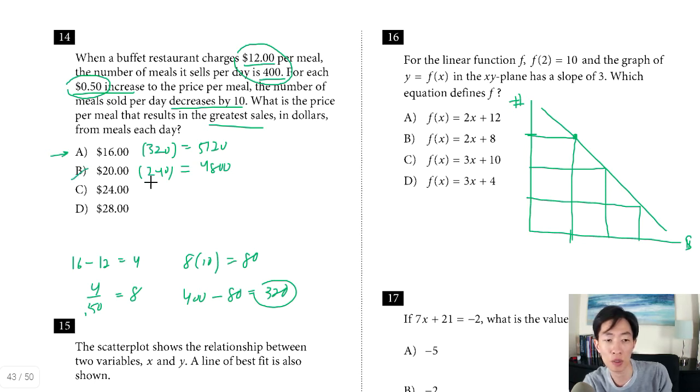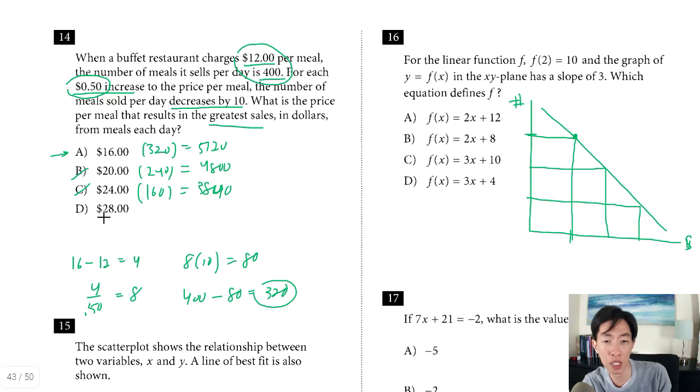When we increase the price to $24 from 12, 24 minus 12 is 12, divided by 0.5, that's 24 increases of 50 cents. And that results in, multiply that by 10, 240 decreases. So 400 minus 240 is going to equal 3840. And we can tell what's actually happening. It looks like the number of meals sold is going down, but we do need to make sure that when we hit $28, the higher price doesn't actually result in a greater number of sales.